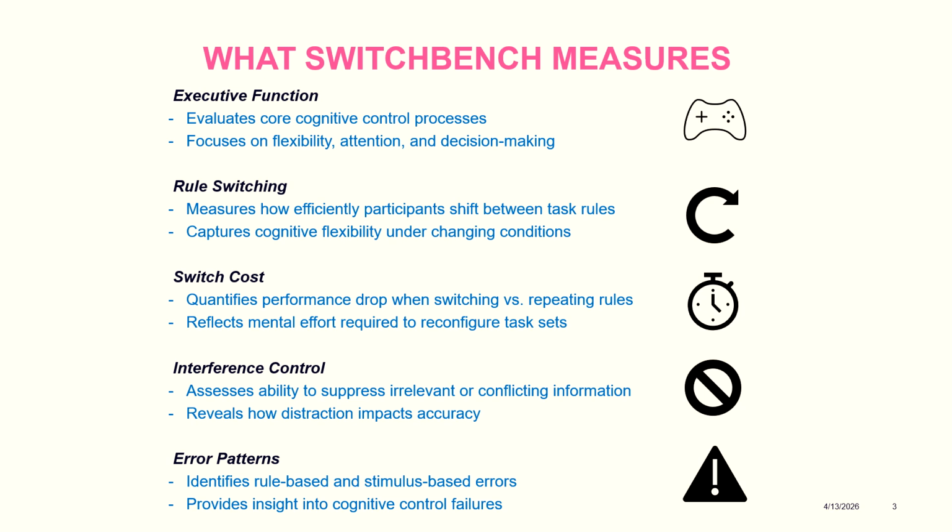Later, I apply what is called the switch cost. SwitchBench also quantifies the switch cost, which is the performance drop that occurs when switching rules compared to repeating the same rule. In humans, this cost reflects the mental effort required to reconfigure a task set. But in LLMs, it reveals how well the model can update its internal state.